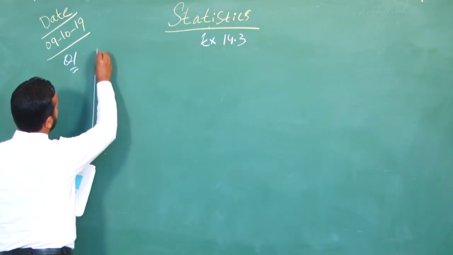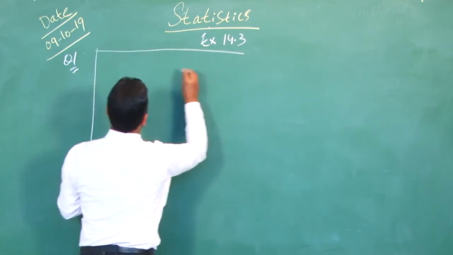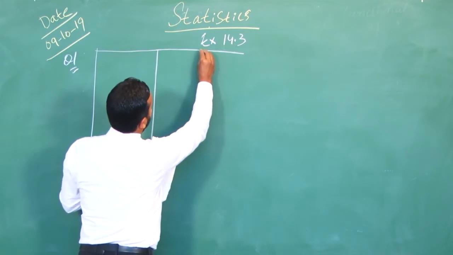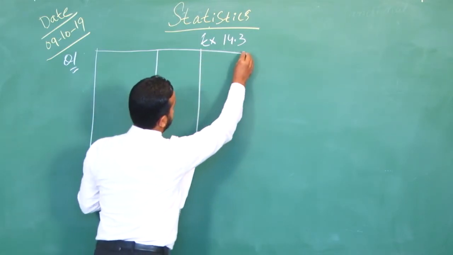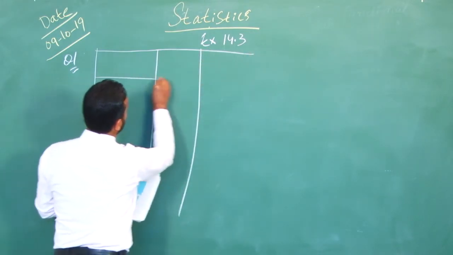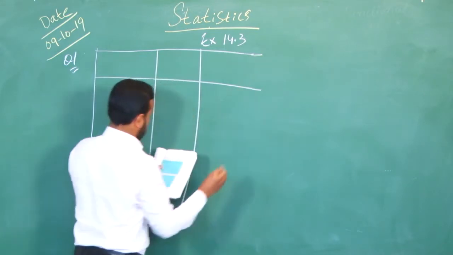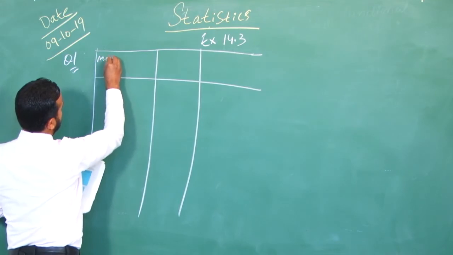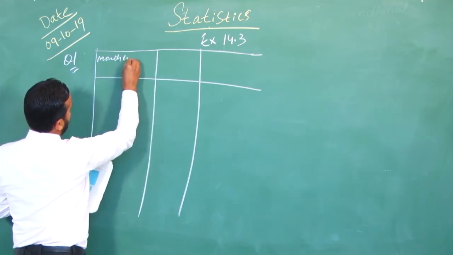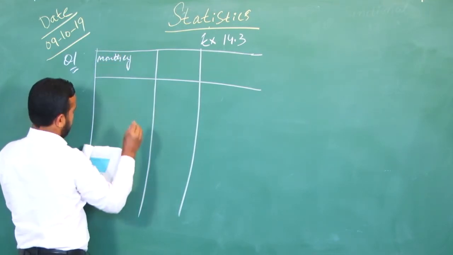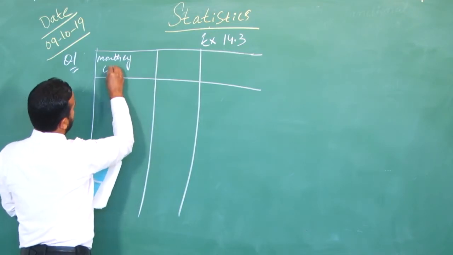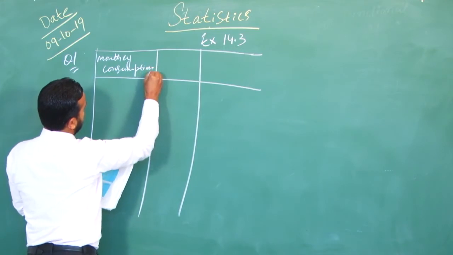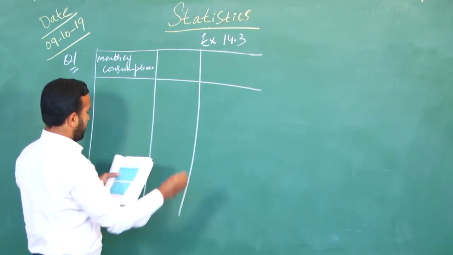Here we'll see what the monthly consumption is and what the number of consumers is. Let us make the table. In this column we will write monthly consumption, our variable under study: monthly consumption of electricity in units.